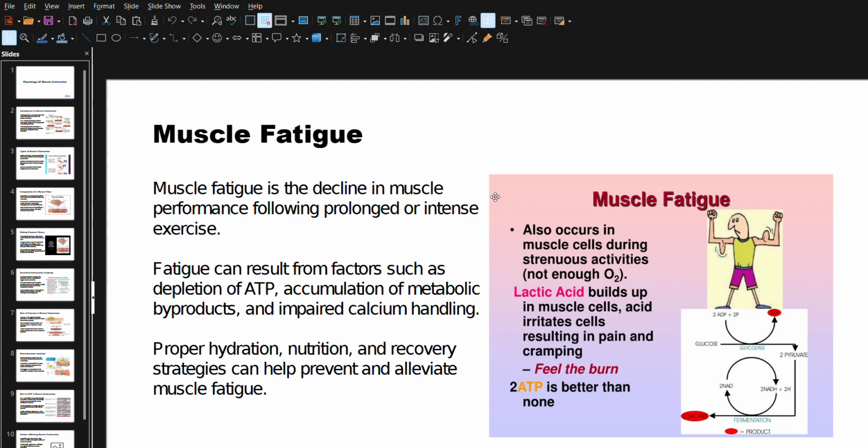In the diagram you can see muscle fatigue occurs in muscle cells during strenuous activities when there is not enough oxygen. Lactic acid builds up in muscles and irritates cells, resulting in pain and cramping. Sometimes they get cramps in the calf area of the leg or in the hands, or feel the burn. Here you can see 2 ATP in the diagram.